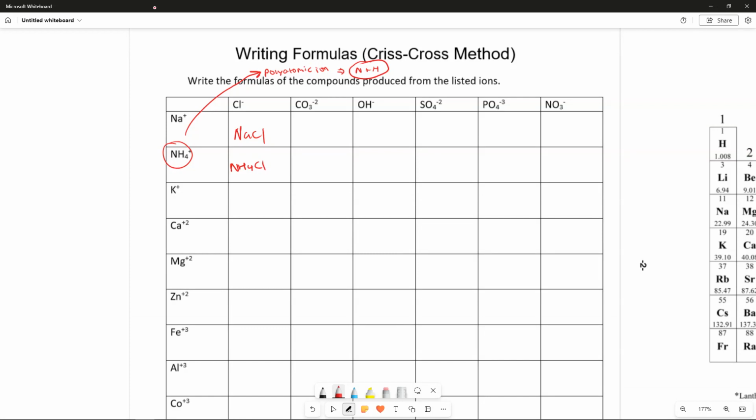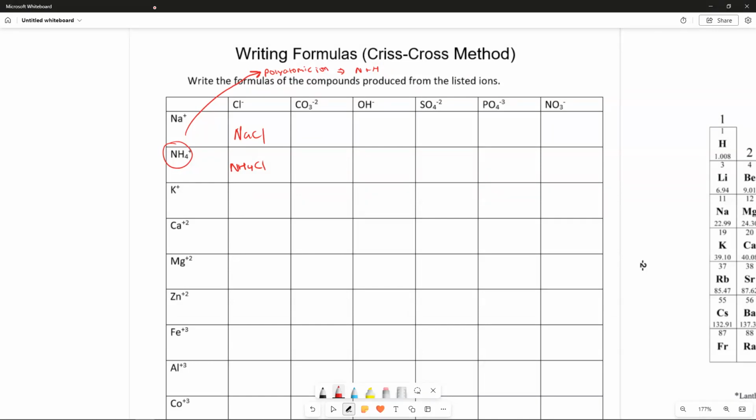So we just consider that basically as one element for Chem 1 purposes. So you're not going to separate N and H4 into something else. You're going to keep it as NH4, and this collectively will have a +1 charge. So keep that to yourself. Remember that for your test.